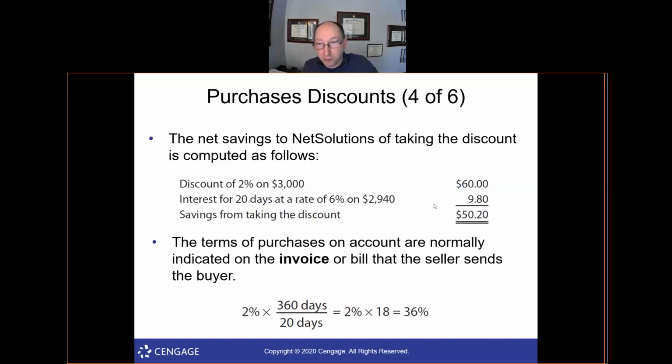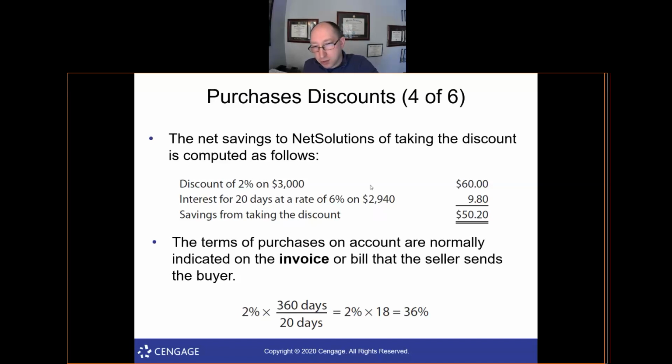There's a couple of different ways to analyze it. So how do we know how much we're saving if we utilize the discount? If we utilize the discount, we pay within that first 10 days. Of course, we know that we would save $60 off the total bill.